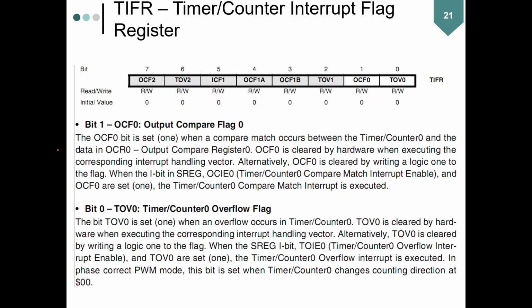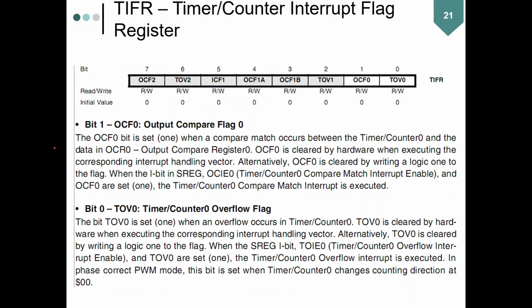Then you have the timer counter interrupt flag register. Again, bit 0 is the timer overflow flag. This represents that in the normal mode of operation, the timer has overflowed. Bit 1 is the output compare flag, which means that in the normal mode of operation, the OCF0 bit is set to 1 when a compare match occurs between the timer counter and the data in the OCR0 register.